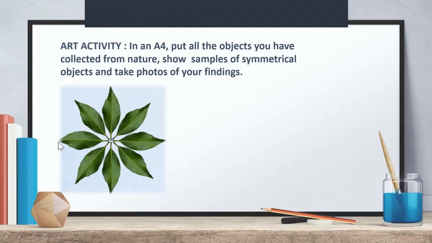And if I go horizontally from here, I could still have symmetrical balance. 3 leaves on top and 3 leaves below, half and half. So this is a perfect example of symmetry that we can find in nature.